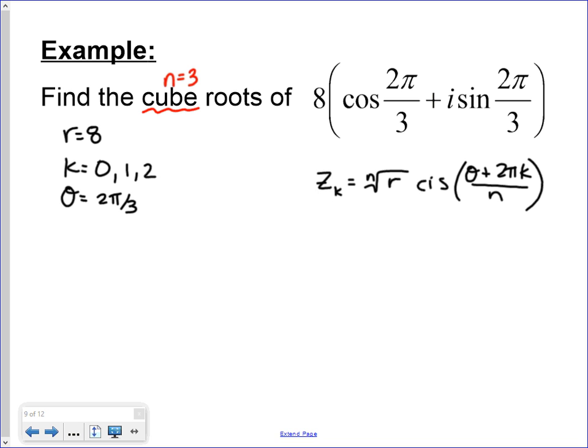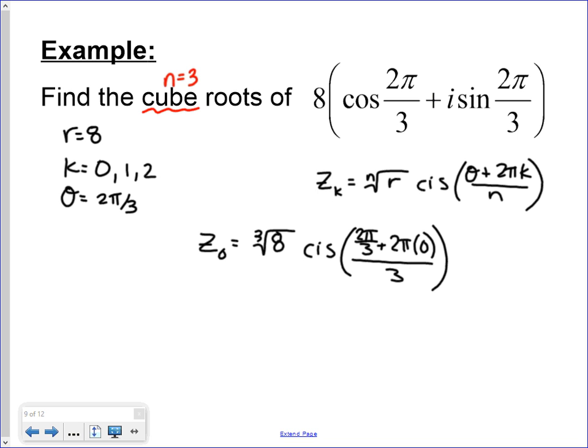All right. So I'm going to do my first root. Z sub 0 equals cube root of 8 cis, 2 pi over 3 plus 2 pi times 0, all over 3. I just sub in all those little pieces. For me personally, once I get that first root written, I just do all my roots after this, changing k.